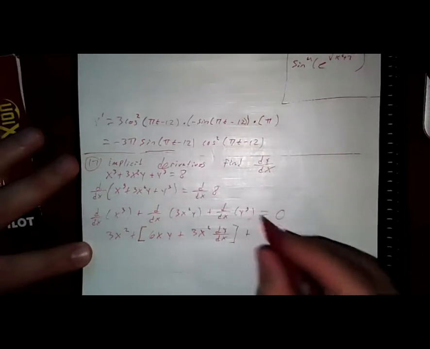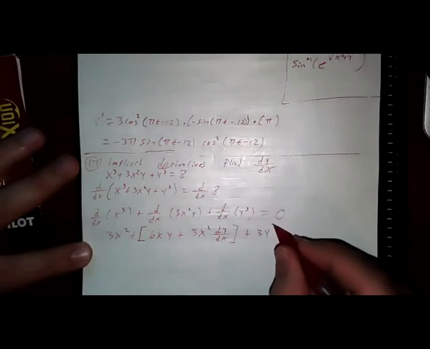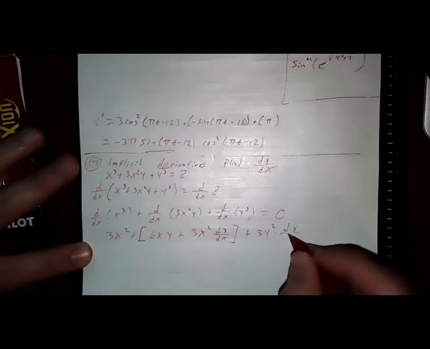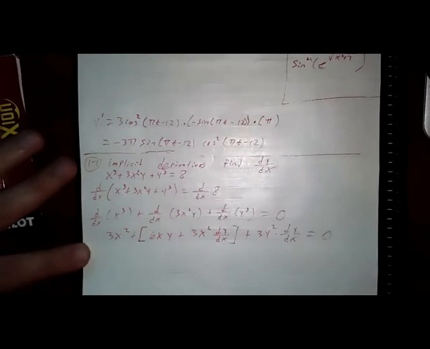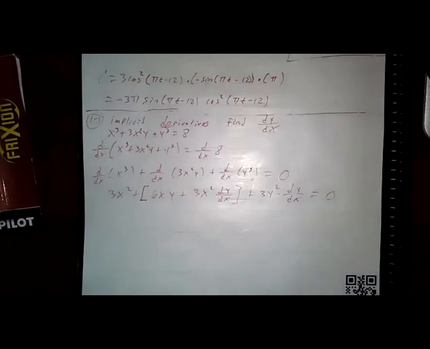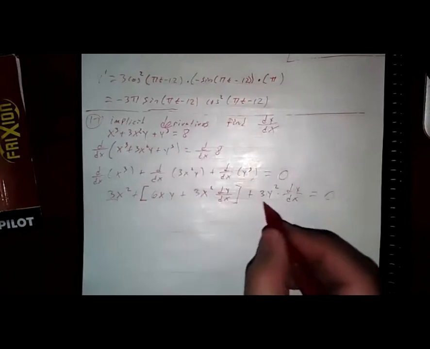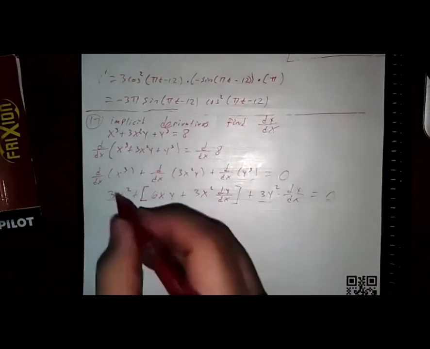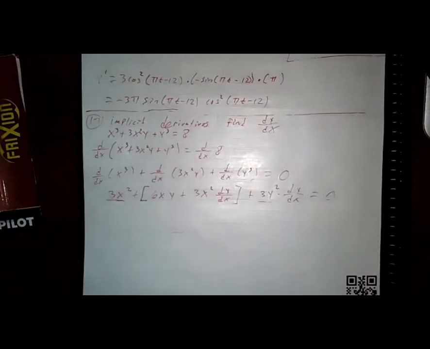And then for the derivative of y cubed, you treat it as if it was an x, but then you tack on the implicit piece. Are there any questions on those first two steps? I separated them just so you can see.